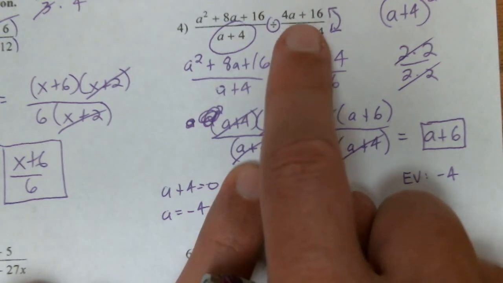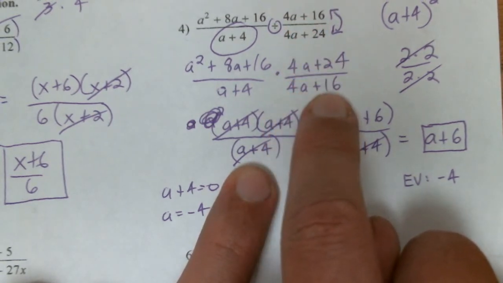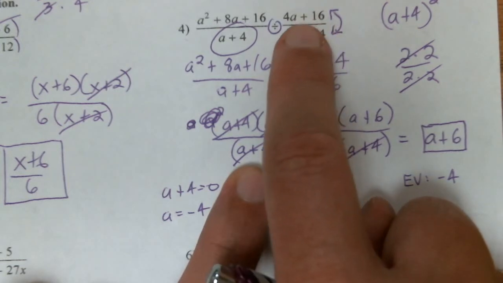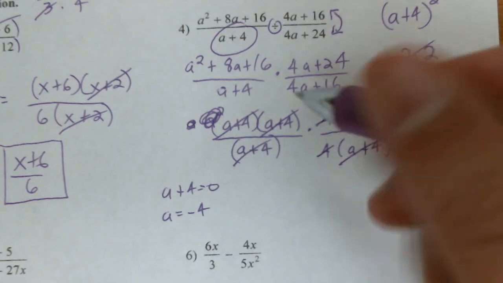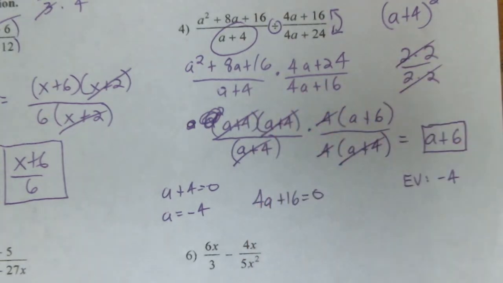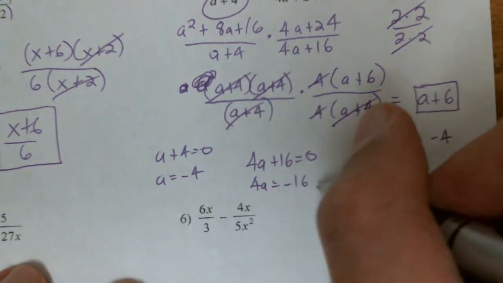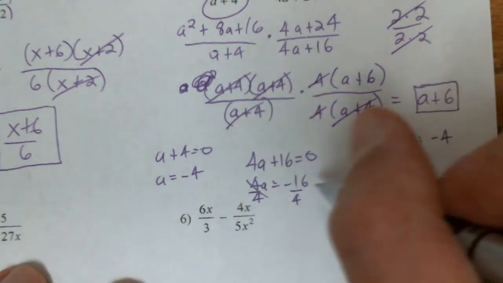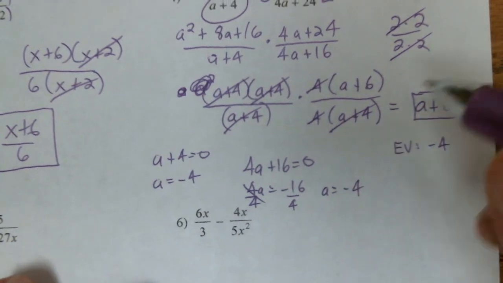Before we flipped this fraction, this 4a plus 16 was in the numerator, but now it's in the denominator. So I've got to set that guy equal to 0. That's going to be 4a equals negative 16, divided by 4. So I also have a negative 4 there, which is correct.